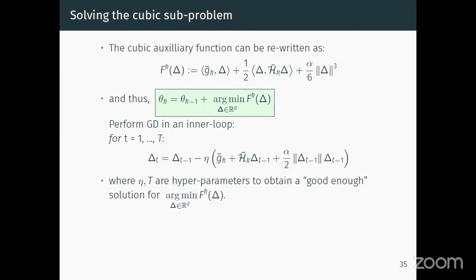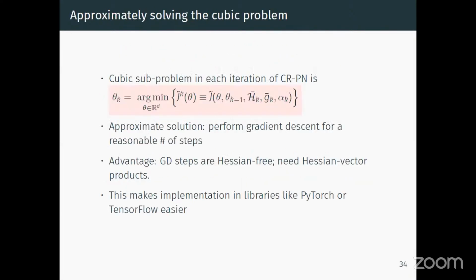So this is the cubic model. I want to optimize this. If I want to optimize this, then I can do a gradient step like this. You see the Hessian comes as a product, so as long as I can get Hessian vector products, it's okay. That's really the implication. So the idea is that I don't solve this cubic problem exactly using a solver or whatever.